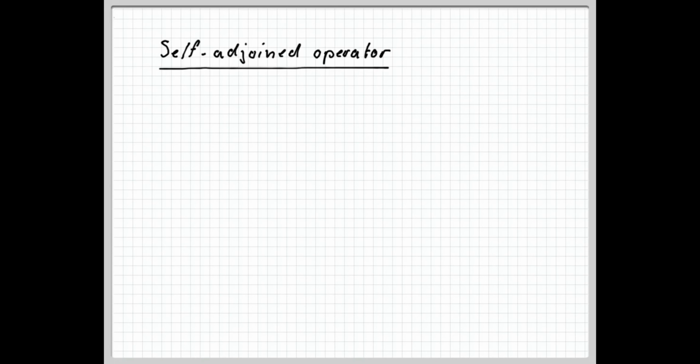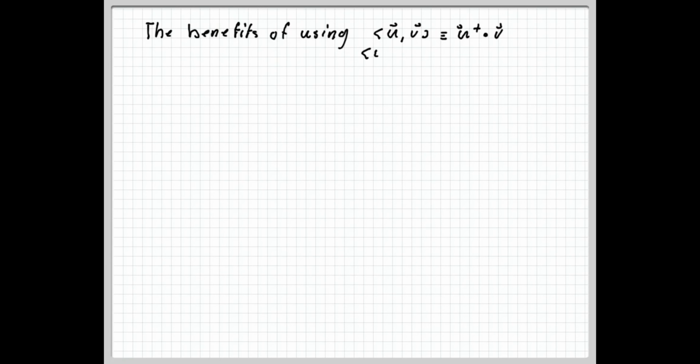Now, finally, what is a self-adjoint operator? Those are all operators for which M dagger equals M. Notice how we moved away from a definition based on a particular matrix representation. Actually, we defined it as this.